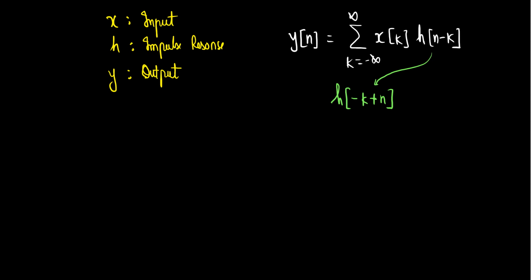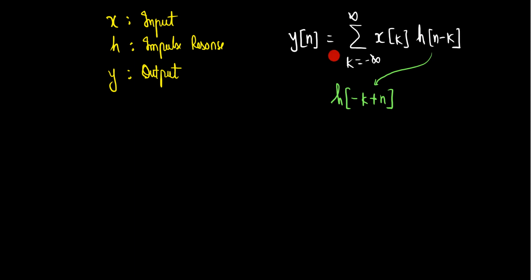So what does this mean? If we treat this h as a function of k, we are simply flipping this signal and shifting this signal. So if we flip this signal and then shift the signal by n amounts, we'll get the signal.